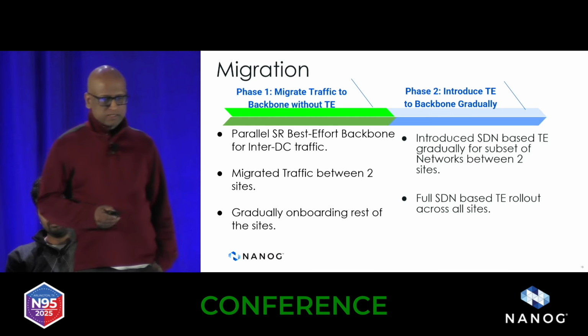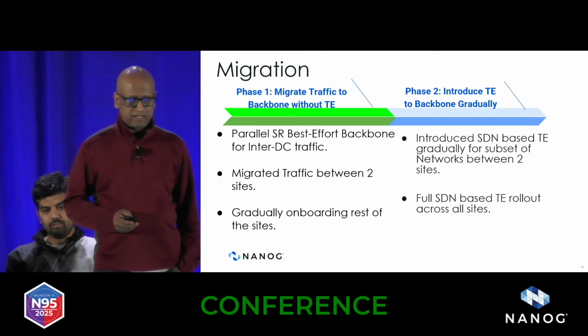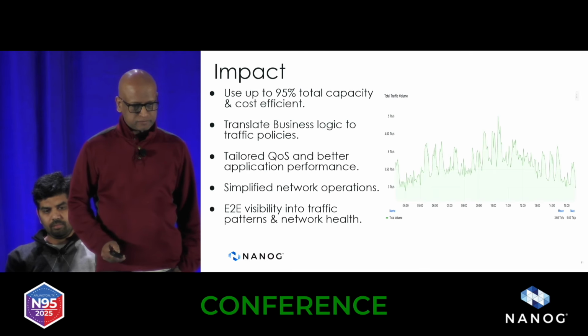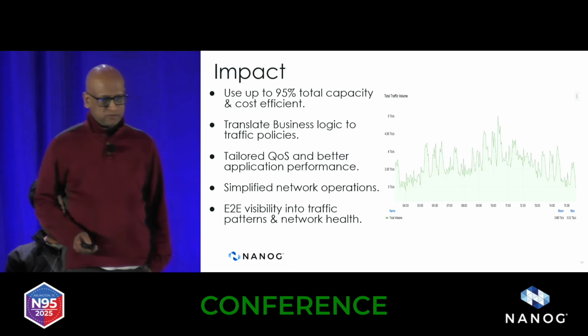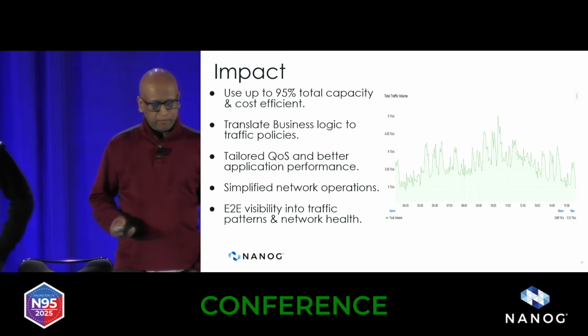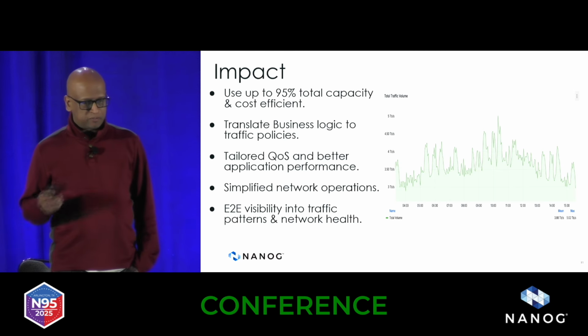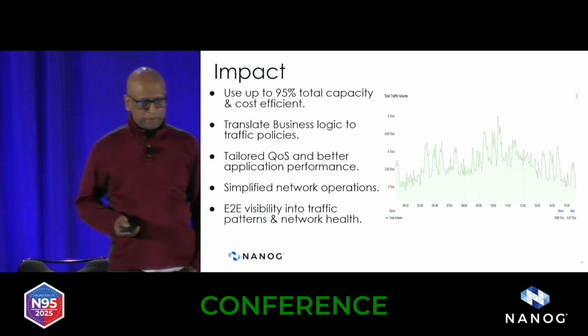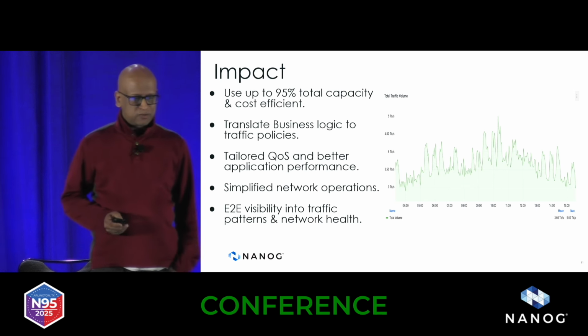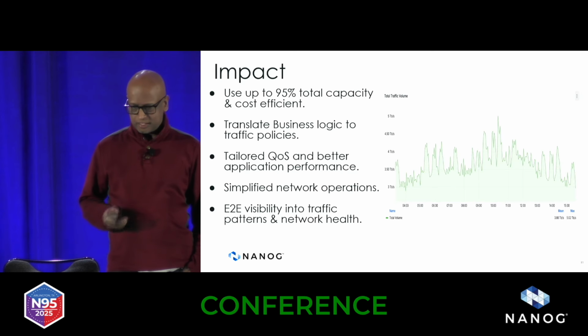Once we had confidence for a while, we rolled out between two sites and gradually across all the sites. What is the impact? We are able to use 95% capacity and be cost efficient. We were able to translate QoS into better application performance. It simplified the network operations, and we also have end-to-end traffic path visibility and network health.